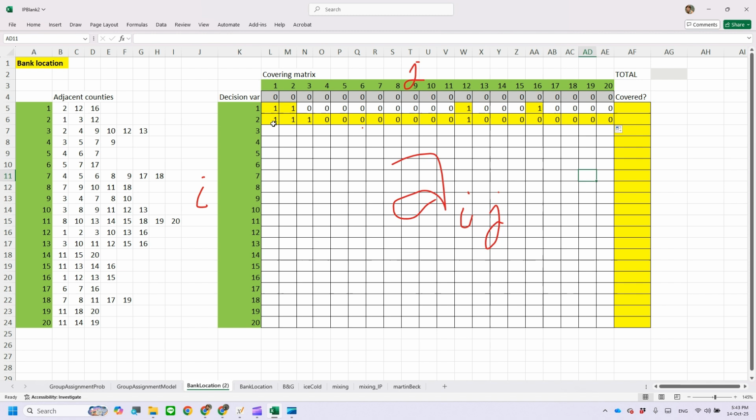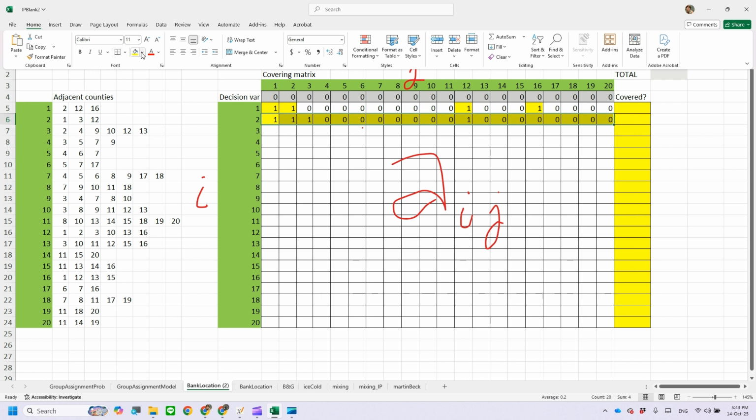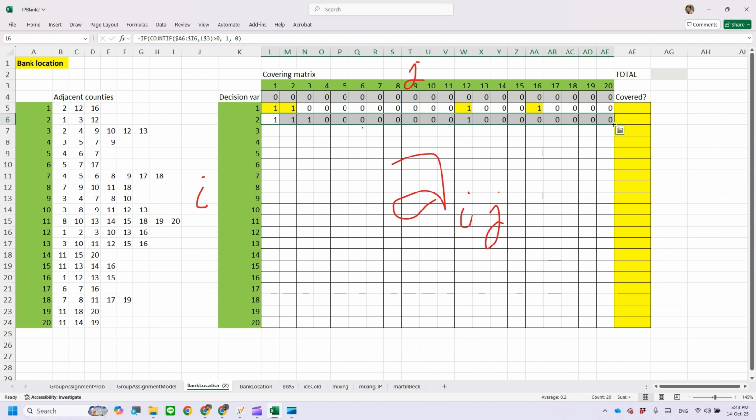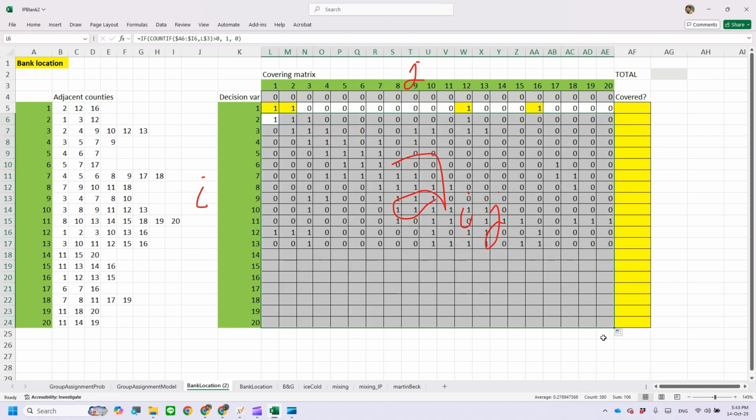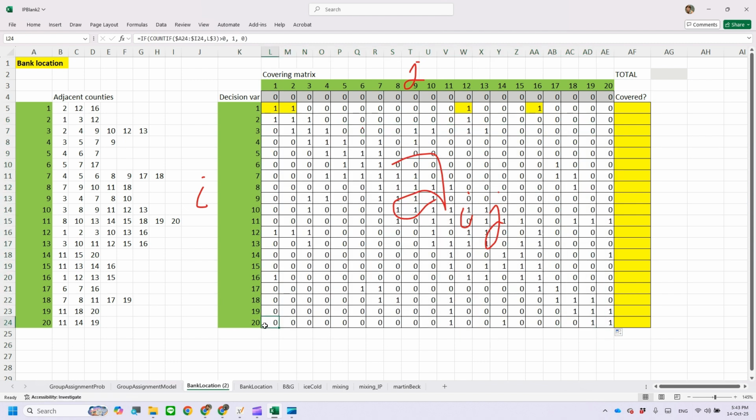Okay, so A21, A22, A23, and A212 is 1. Then I can just copy them down. So here, just to check with the last row, A2011 is 1, A2014 is 1, and A2019 and 20 is 1.